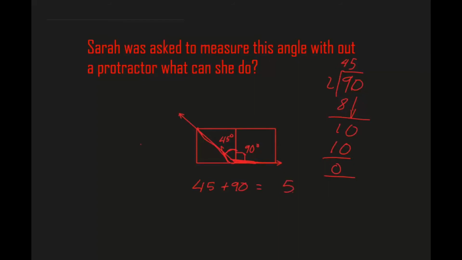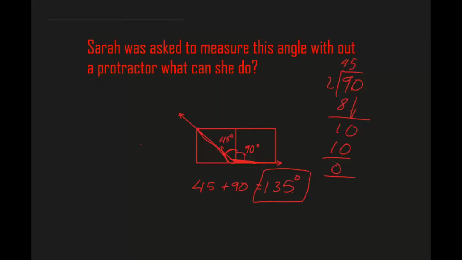Then 9 plus 4 equals 13, sorry. So we're going to write 13 over there. So our answer is 135 degrees. Let's box that.